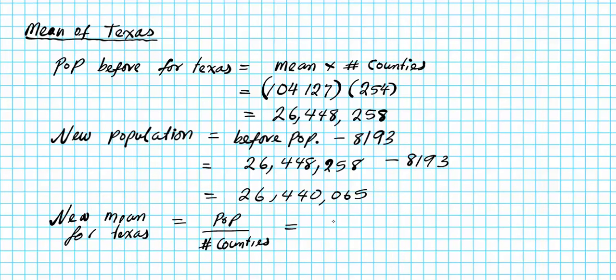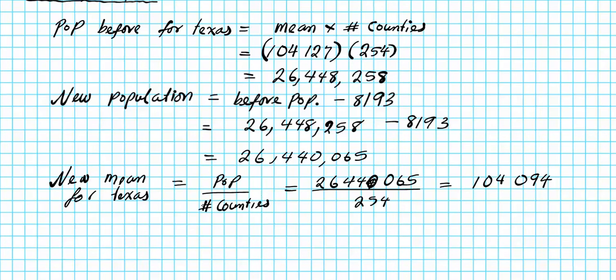All right, so the total population is 26,440,065. We divide that by the number of counties, which is 254, which is equal to, if you do that in your calculator, 104,094. Okay, so what does this tell us?